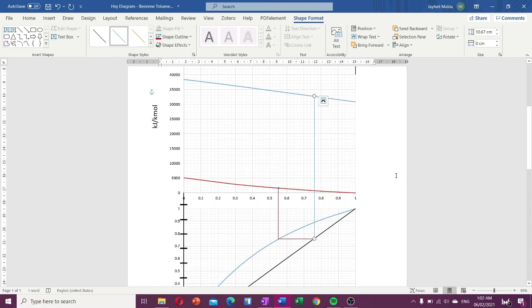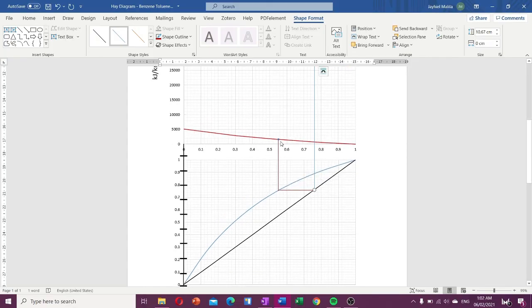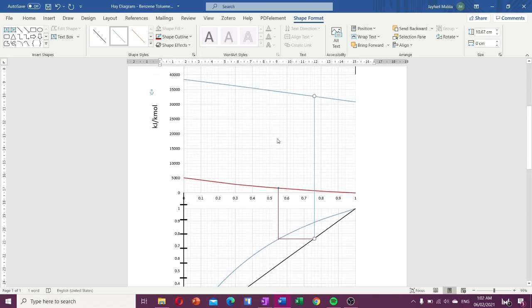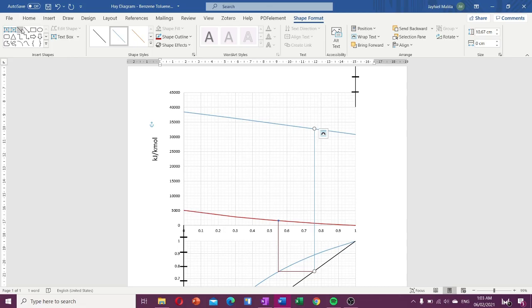What I'm doing right now is determining the corresponding equilibrium mole fraction of the vapor phase that exists together with this feed point. So I'm creating a tie line in the space between the HX and the HY. The tie line here is actually this one.